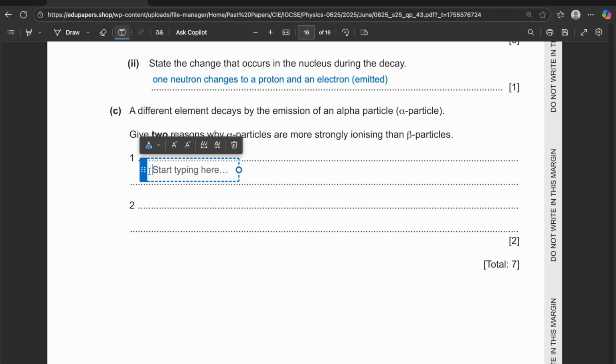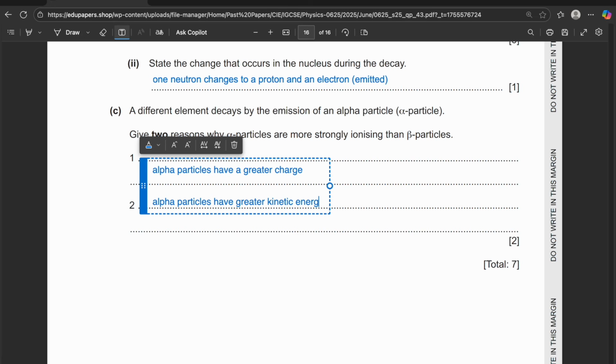When a particle has a greater charge, it has more tendency to interact and react with other particles. So alpha particles have a greater charge, and they also have greater kinetic energy.